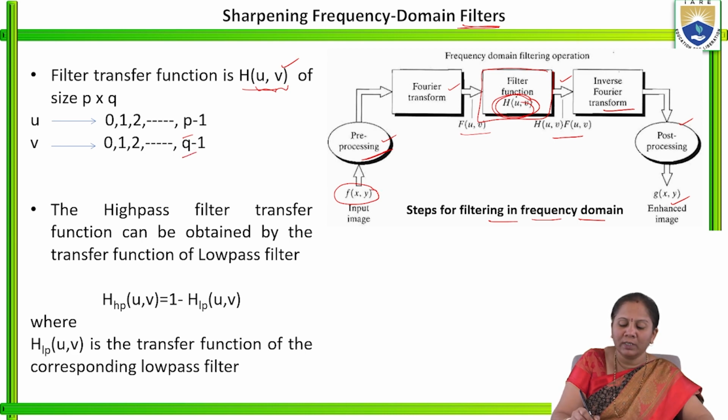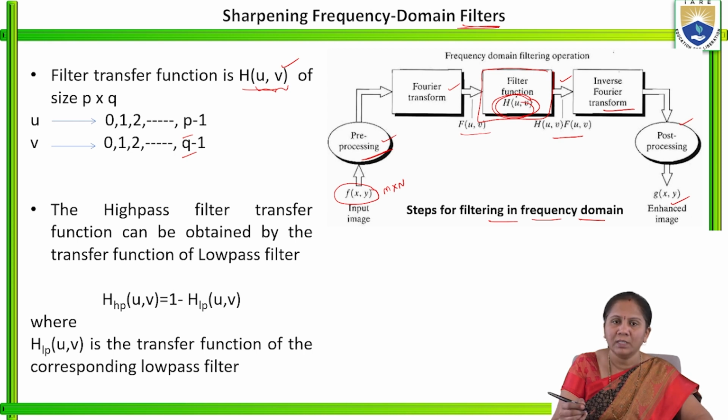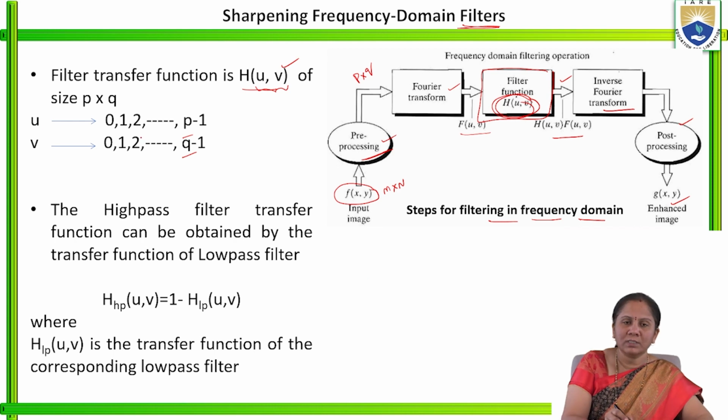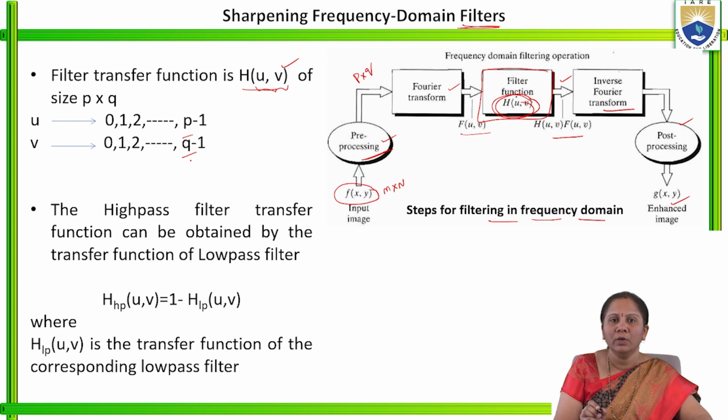The original image we have given will be of size M by N. After performing pre-processing, that is padding, the size of the image will be modified. So the size of the image will change from M by N to P by Q. So here u is from 0 to P minus 1 and v is from 0 to Q minus 1.